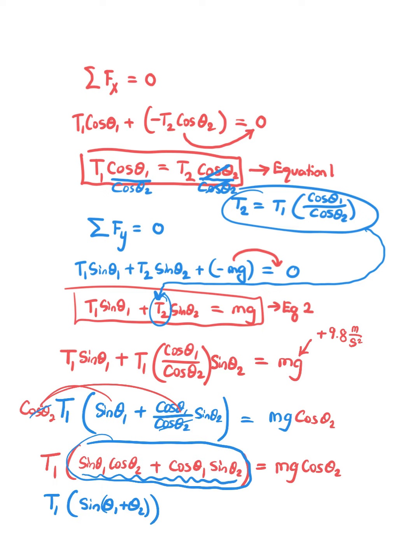So sine of alpha plus beta is just the sine of alpha, cosine of beta, plus the cosine of alpha times the sine of beta. And all of this equals mg times the cosine of theta 2. So you could go ahead and divide both sides by the sine of theta 1 plus theta 2. And the result is T1 is equal to mg cosine of theta 2 divided by the sine of theta 1 plus theta 2.